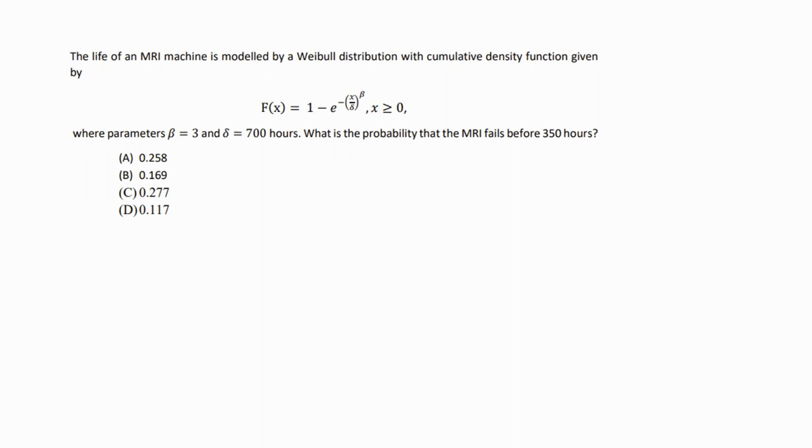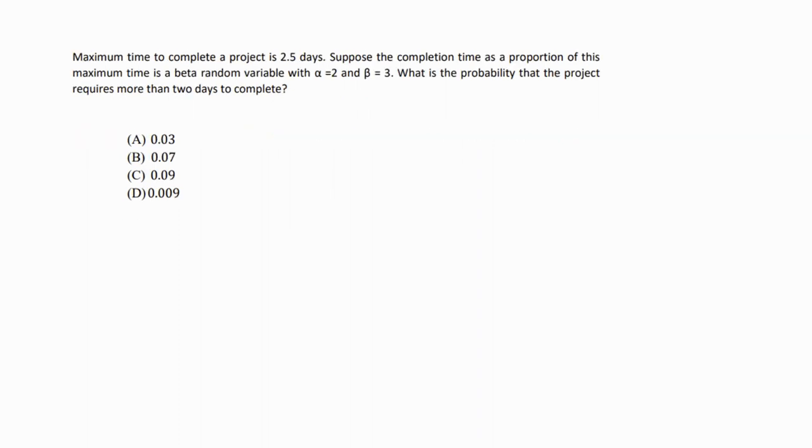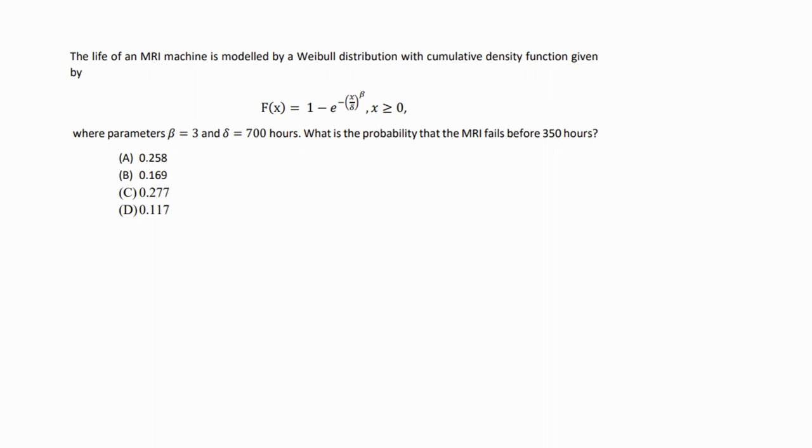Now, what is given here is the life of an MRI machine. The life of an MRI machine is modeled by a Weibull distribution with the CDF, which I have told you earlier, e to the power minus x to the power... Okay, so they have given it in this form: (x by delta) to the power beta, and the parameters given here are beta equal to 3 and delta equal to 700 hours.